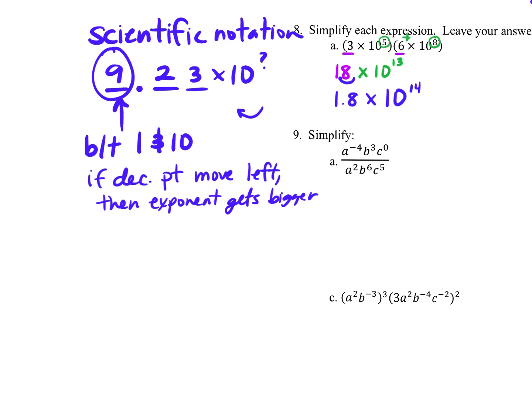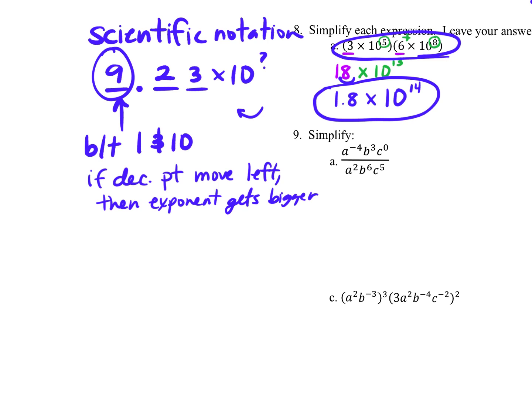Khalees. Is there any way to check this? You could plug this into your calculator exactly how you see it, and then plug this into your calculator, and they should look identical. Right? If I type in 1.8 times 10 to the 14th power, I get 1.8E14 as my answer.